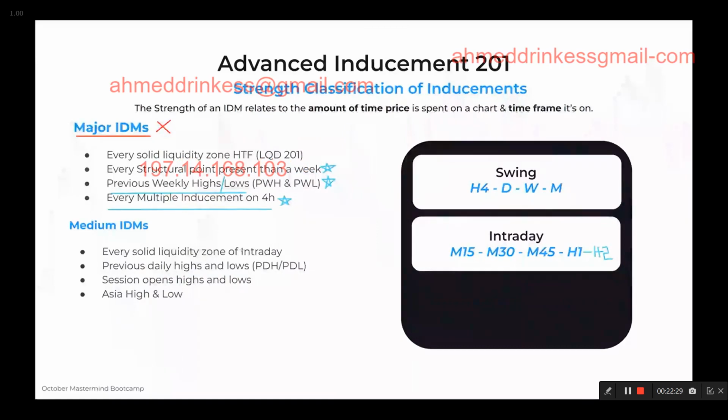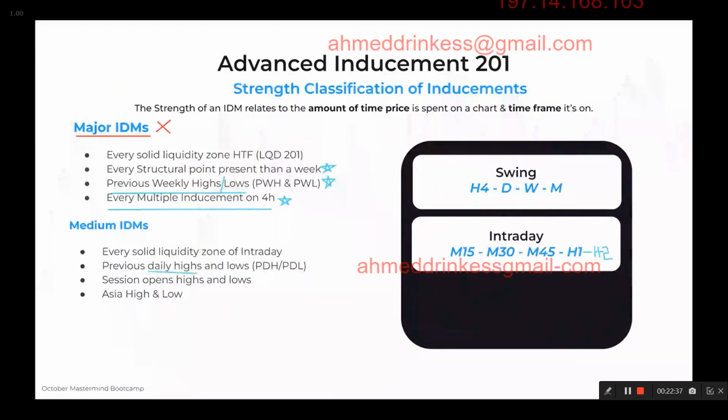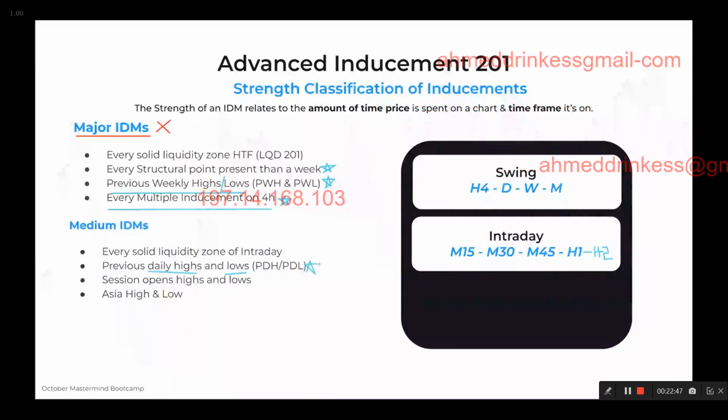So that is all the solid high liquidity zones on all intraday time frames. This is the daily, previous daily highs and lows, PDH, PDLs. These are oftentimes liquidity points. Not all the time, but they can be, and you'll know when they will be.